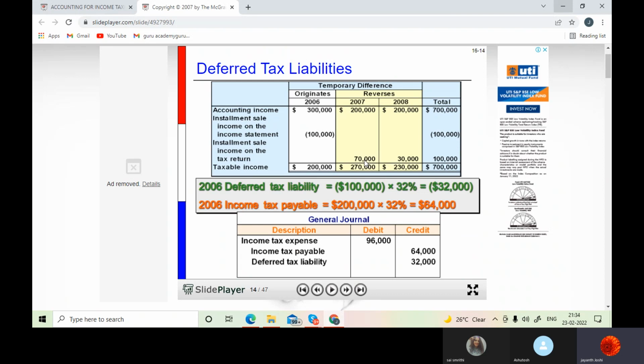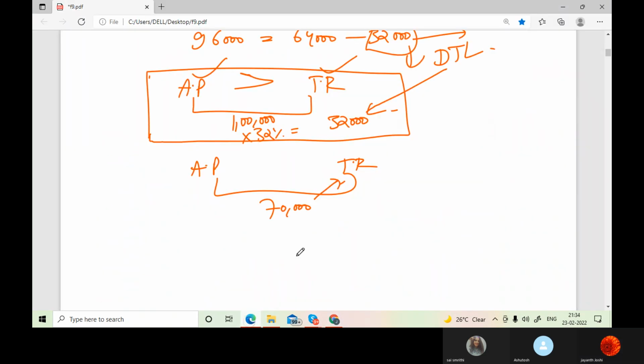This is accounting income, this is tax return or taxable income. So this is more and this is less. So here into 32%. When tax returns or taxable profits are more than accounting profits, DTA is created. That means this would reverse in the future. How it would reverse, I will tell you.